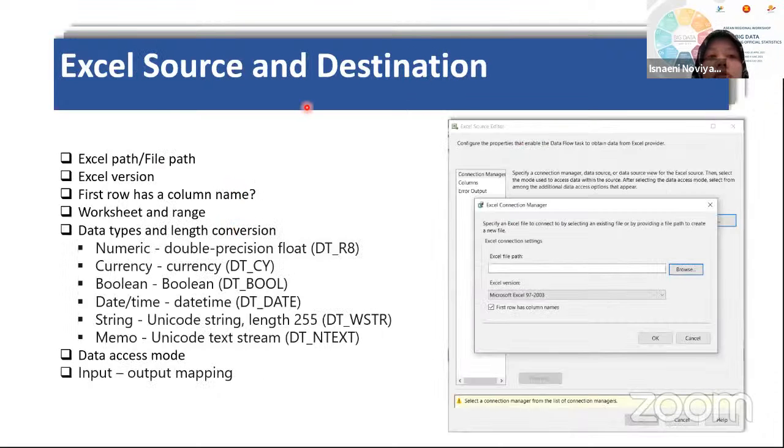And the third one is Excel source and destination. If you already open the studio environment, there are Excel source and Excel destination. The main point, if you use Excel as the source or destination, is the Excel path. Of course, you have to determine where your Excel document is and the Excel version, because the disclaimer is that the Excel version will determine whether your job succeeds or not.